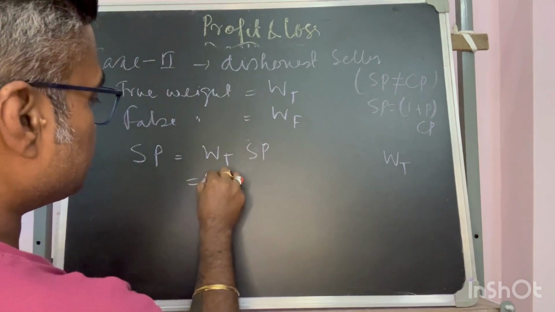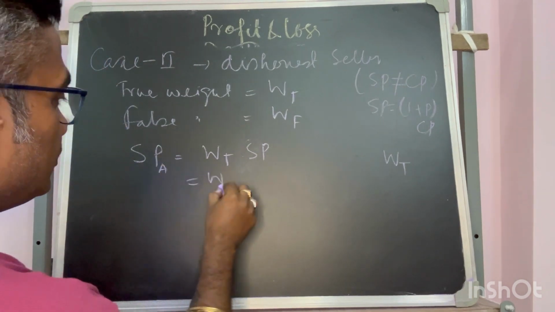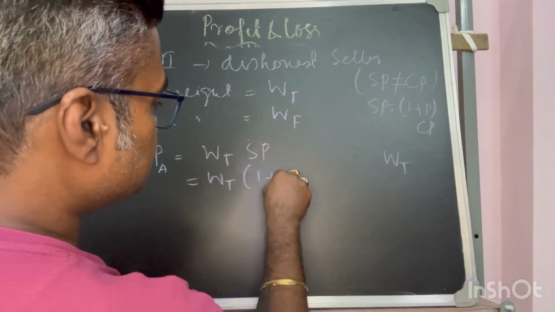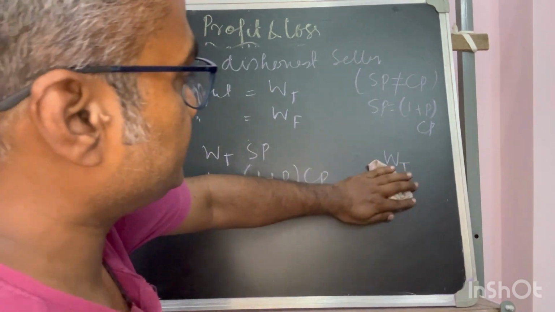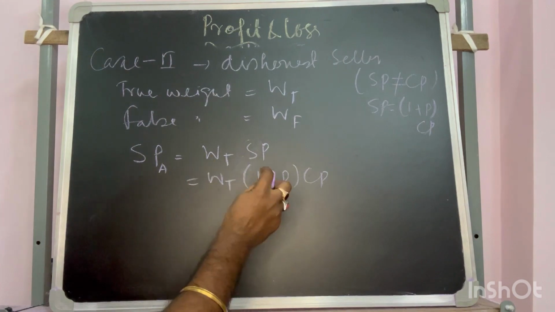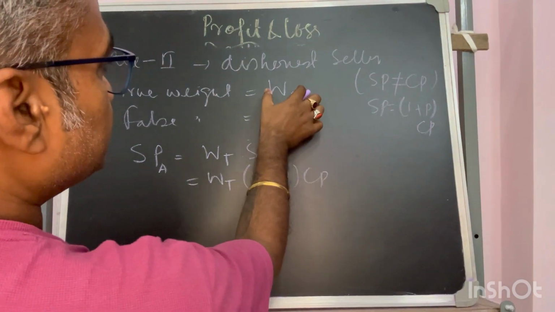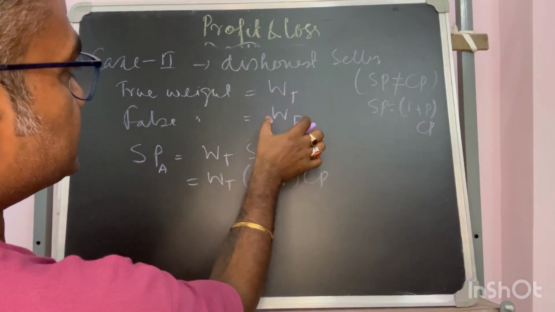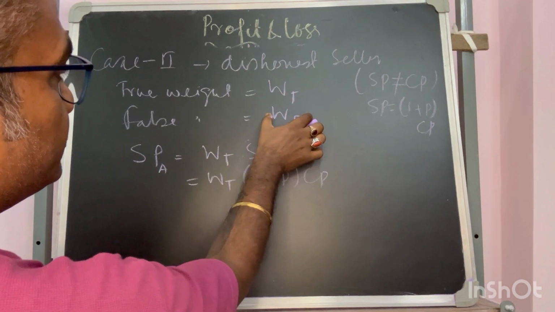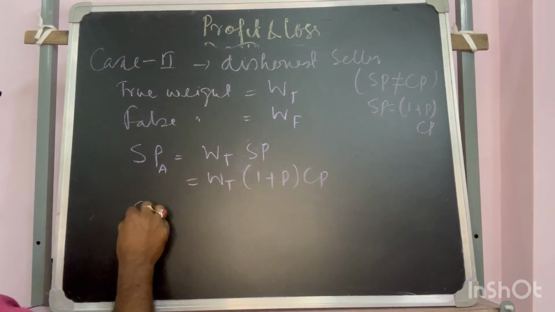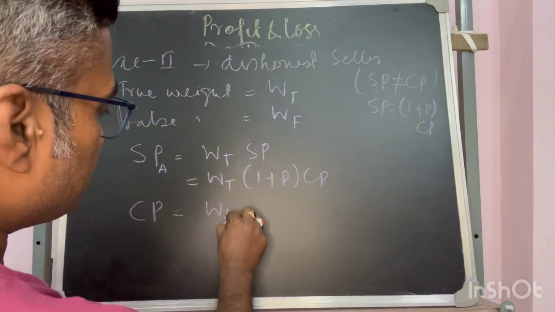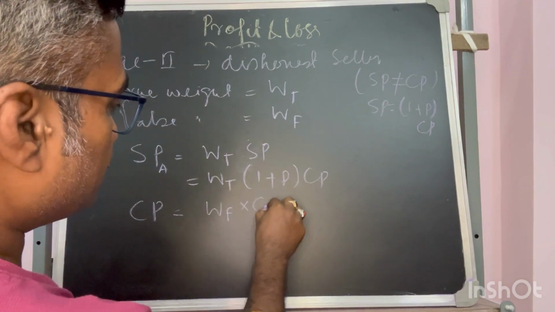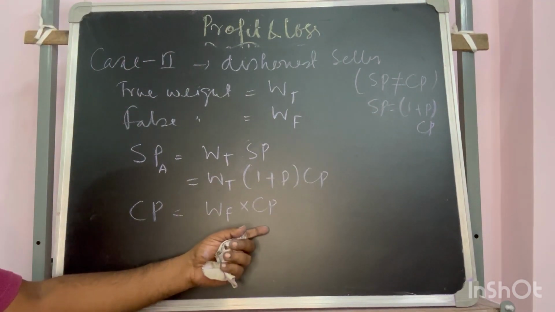So the actual sell price will be WT into 1 plus P into cost price, isn't it? And he is getting money for this, but he is actually selling to the buyer, means the buyer is getting this weight. So for him this will be the cost price, and that cost price depends on the cost price itself for unit weight.